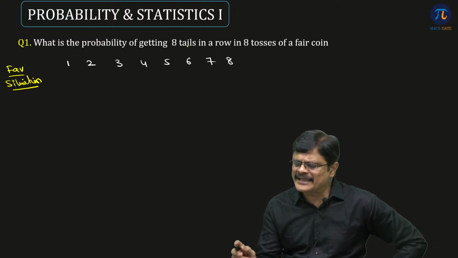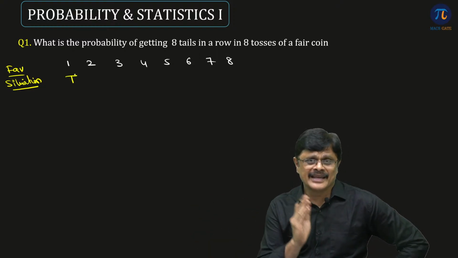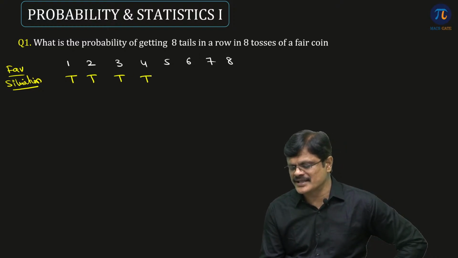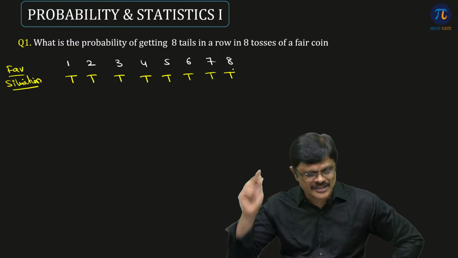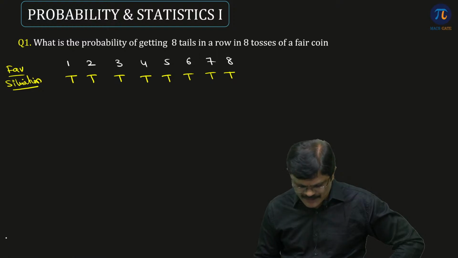You want 8 tails in a row of 8 tosses. So you want tail in the first toss, tail in the second toss, tail in the third toss, tail in the fourth toss, tail in the fifth toss, tail in the sixth toss, tail in the seventh toss, and tail in the 8th toss. So what about the probability?